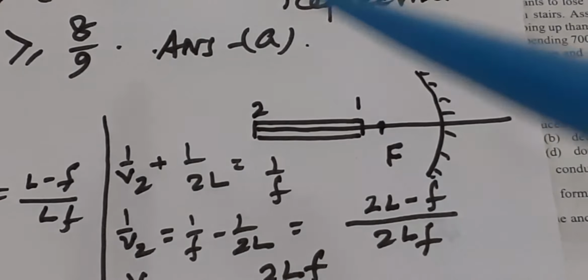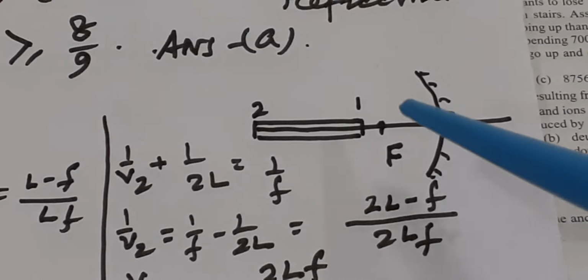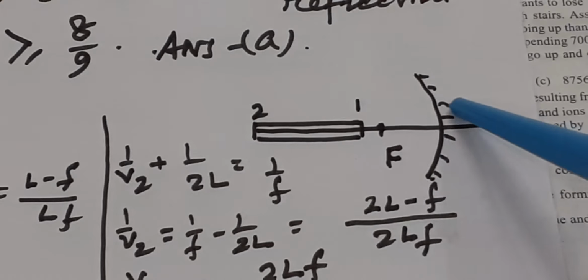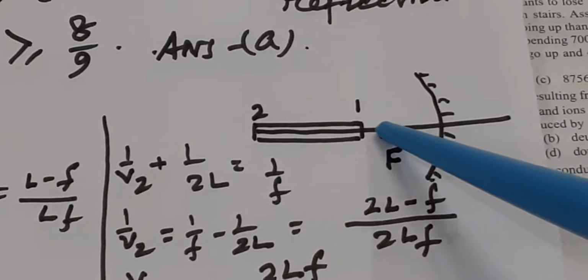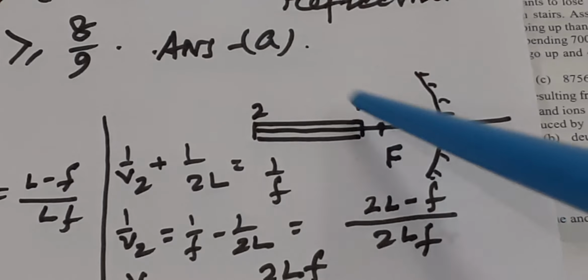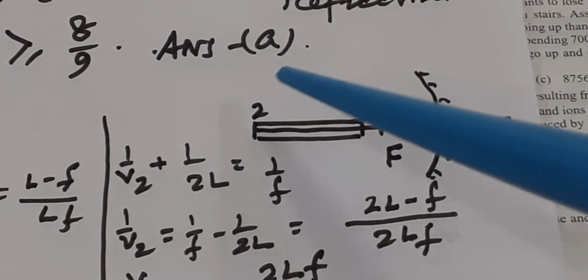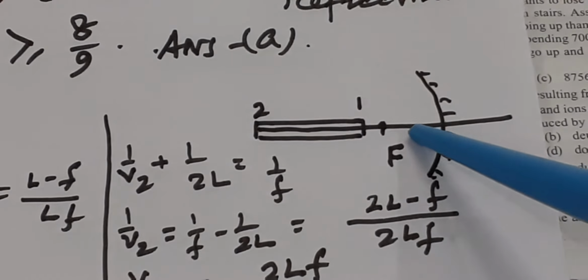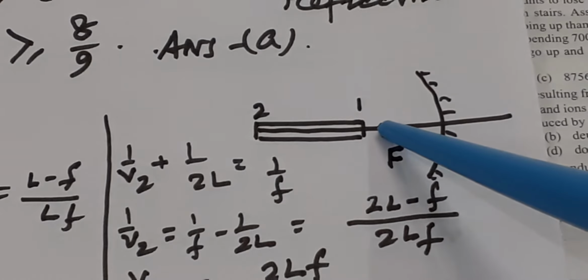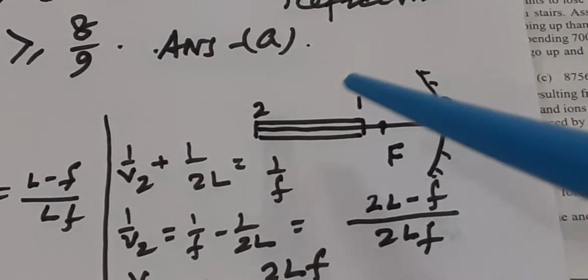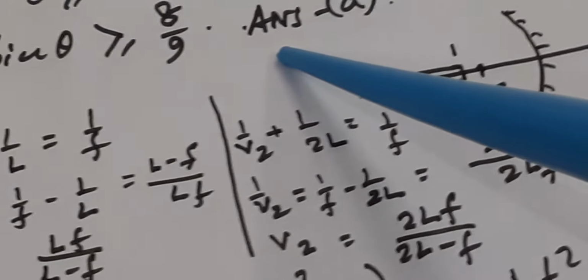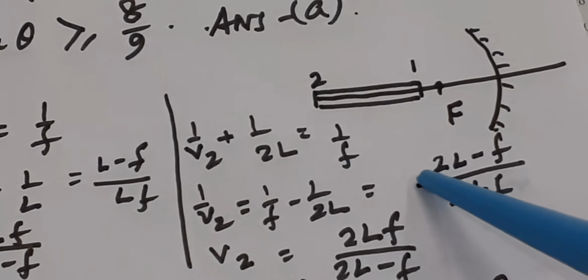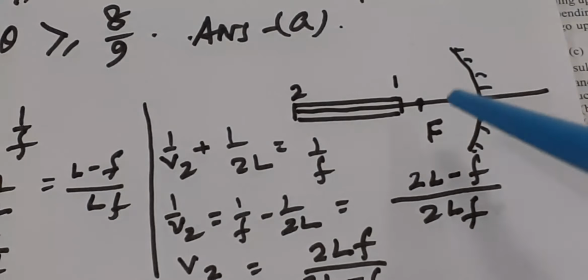This is the diagram: a concave mirror, and the focal length is from here to here. Say this position is 1 and this position is 2. If it is very close to the focal length it will be easier for us to handle, but it is not necessary.